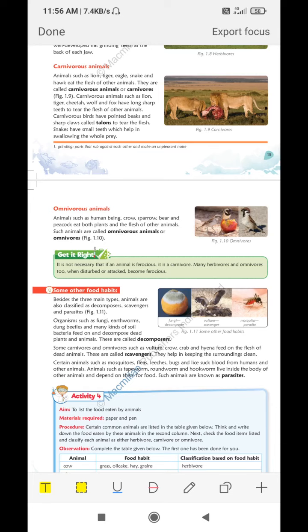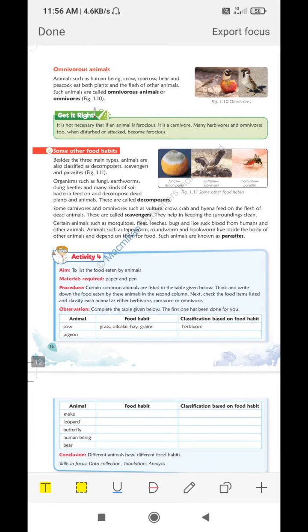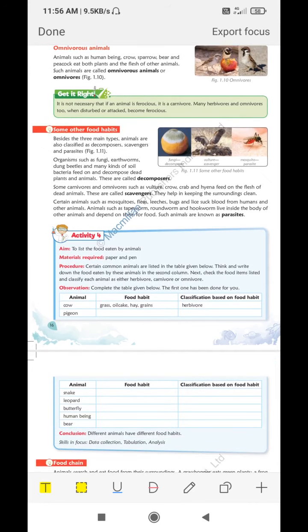These all are sucking human beings' blood, so that's why they are all called parasites, because they are depending on other animals. Some select our stomach also, some insects and bacteria will live inside the stomach, like roundworm, hookworm, tapeworm. These all select the animal stomach as their dwelling place and depend on the animals for food, so they are inside the animals, that's why they are called parasites.